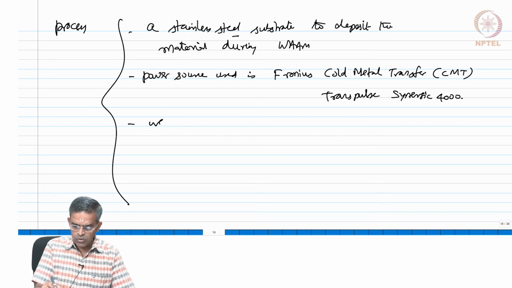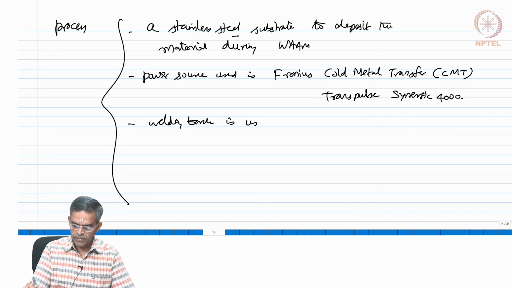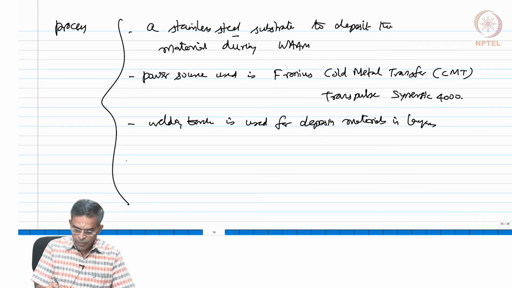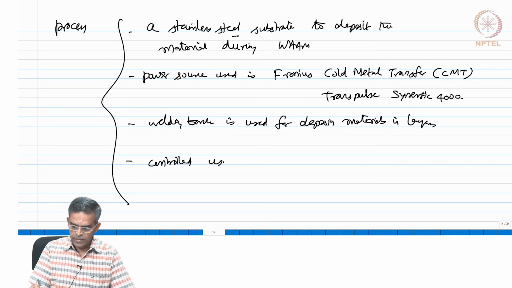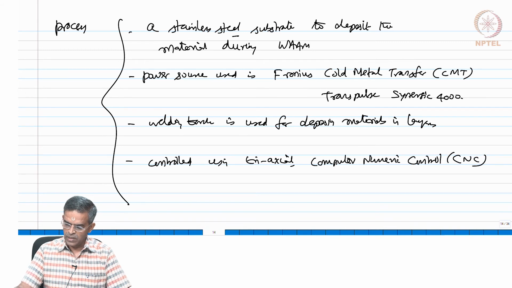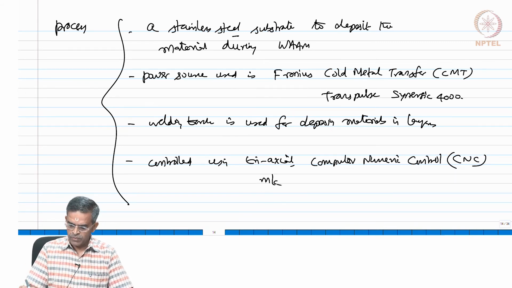A welding torch is used for depositing materials in layers. The whole process is now controlled using triaxial computer numeric control machine which we call as CNC, which I am going to show the photograph here.